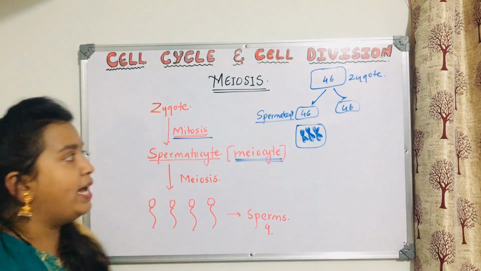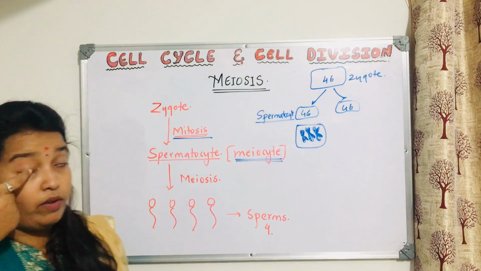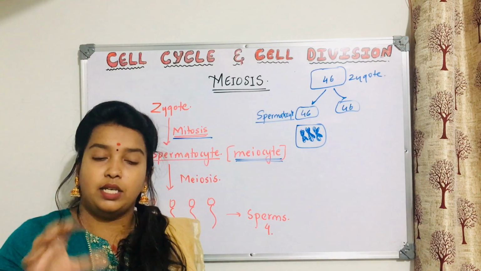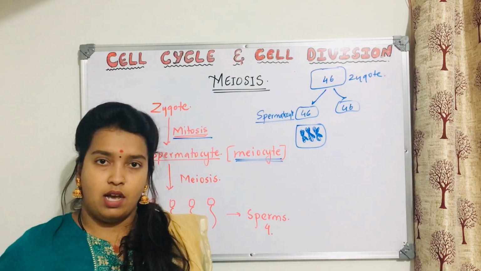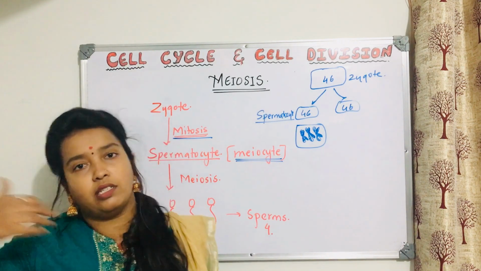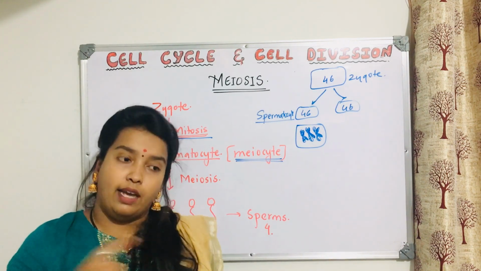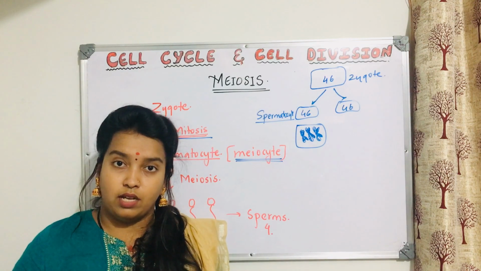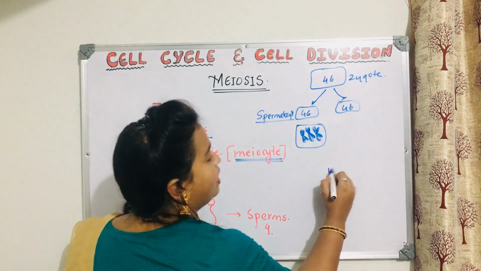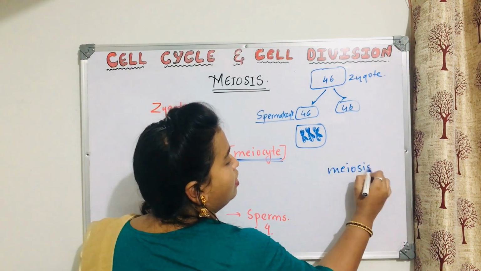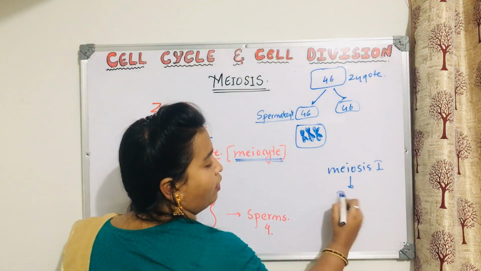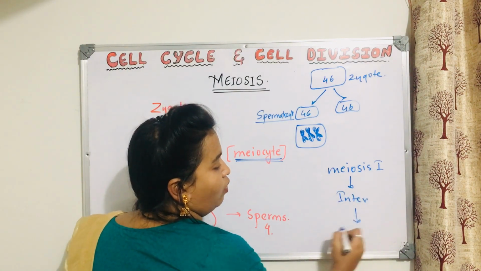So try to understand one thing. What we are discussing here is that interphase comes before the start of meiosis. In mitosis also, interphase comes before the start of mitosis. Here also, before the start of meiosis. What students get confused about is they think that meiosis 1 happens first, then interphase, and then meiosis 2.